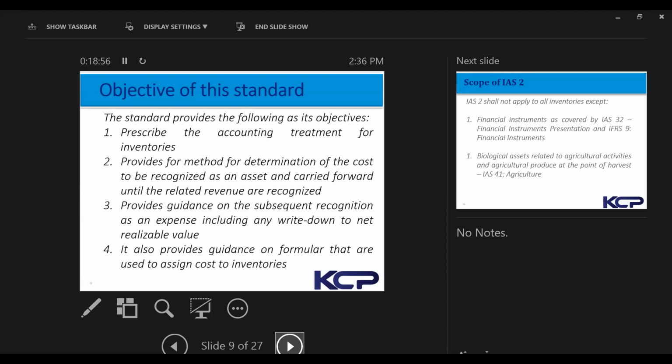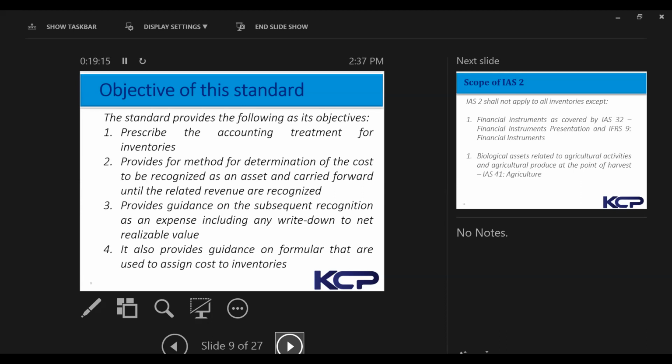Let me take that again. The standard provides guidance on subsequent recognition. We have earlier recognized it, even though we have not sold, but the value has been depleted.